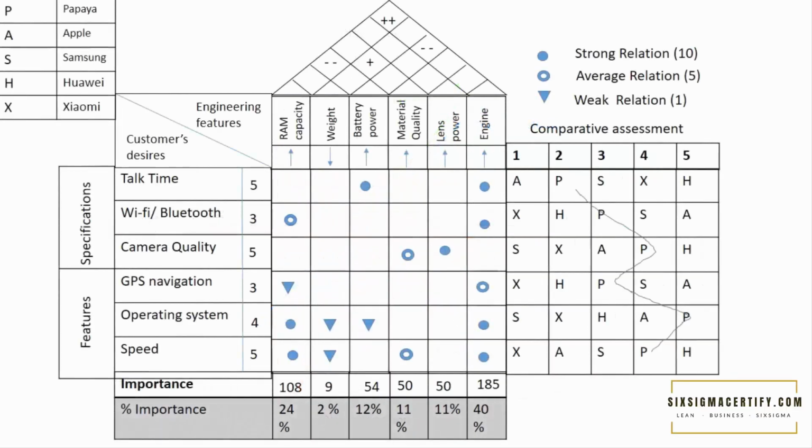This is an example of the house of quality, which gives us various information regarding the relationship between the customer's desire and the features of the work or the engineering features. We can also compare our product's standing with the other competitors in the market. And this is a great tool in order to identify which engineering features or what features of the products or services we can improve based on the customer's demand or desires.